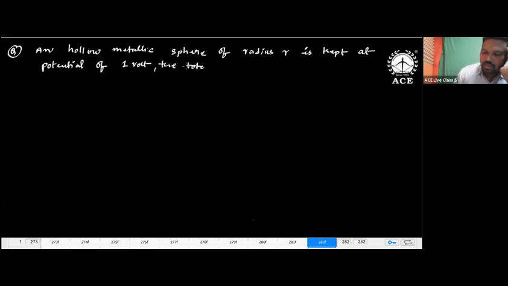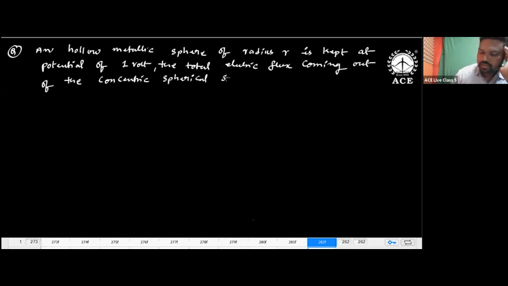The total electric flux coming out of the concentric spherical surface of radius R, which is greater than small r, is.